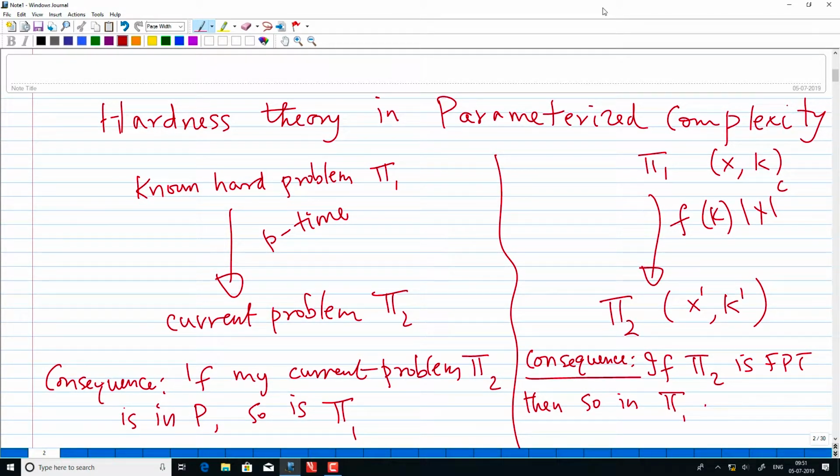This is sort of a relaxed thing, but the more constrained thing is that K dash should be a function of K alone. That's it. In any hardness theory, you have a notion of reduction, you need a starting problem, and then you are all set, right?